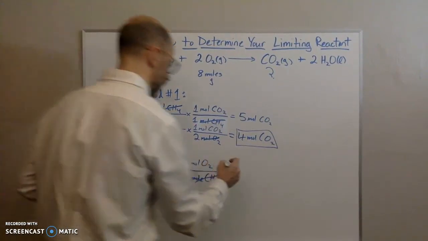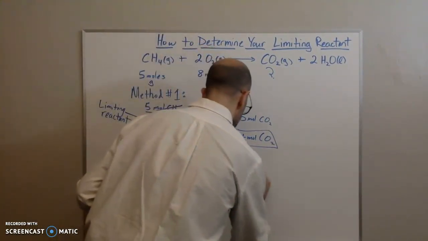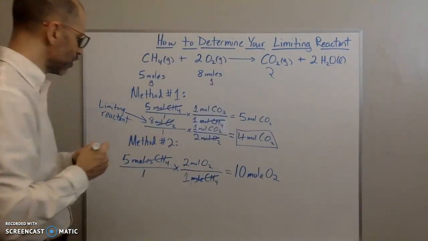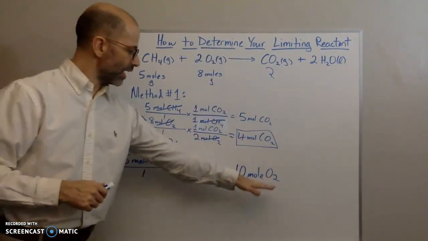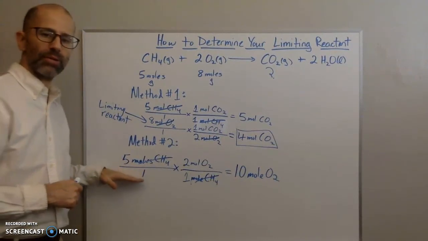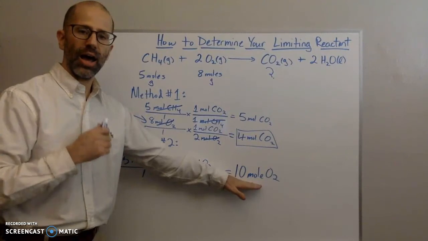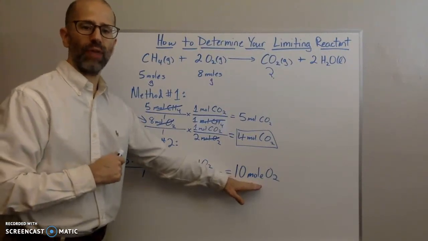And when I calculate that out, it says I need 10 moles of oxygen. So this tells me that in order to completely react with my 5 moles of methane, I need at least 10 moles of oxygen.